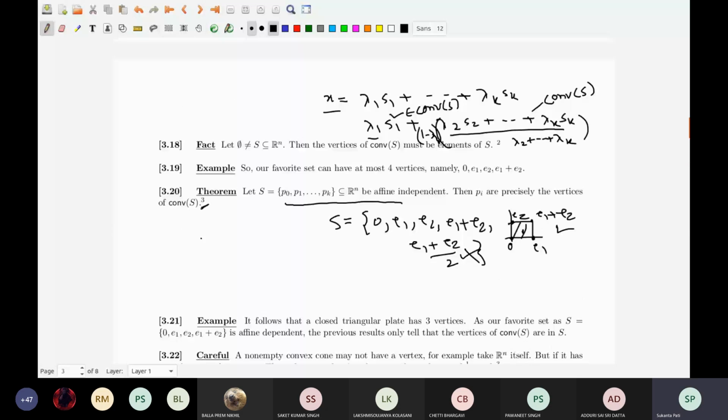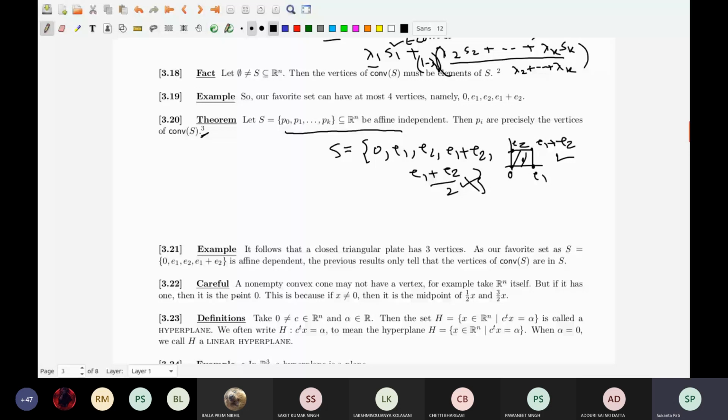So using this particular theorem, it follows that a closed triangular plate has 3 vertices. If I take these 3 points as P0, P1, P2, then they are affinely independent, as we have seen.